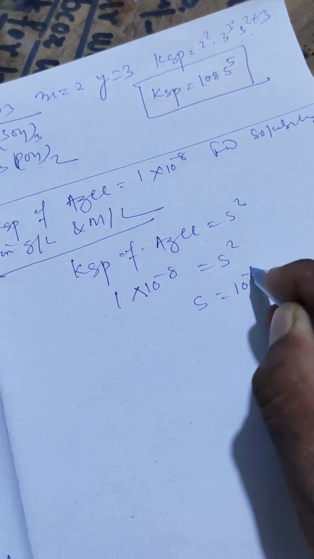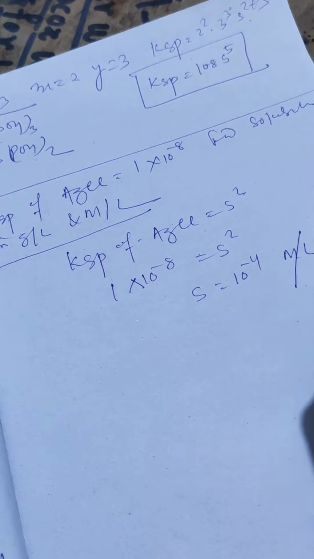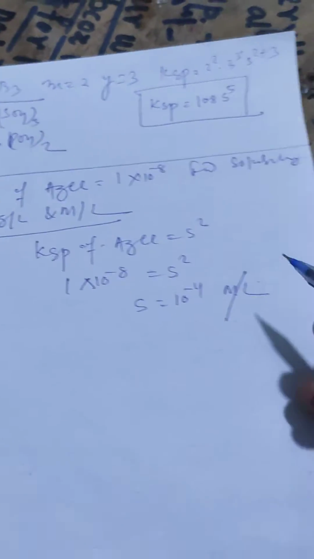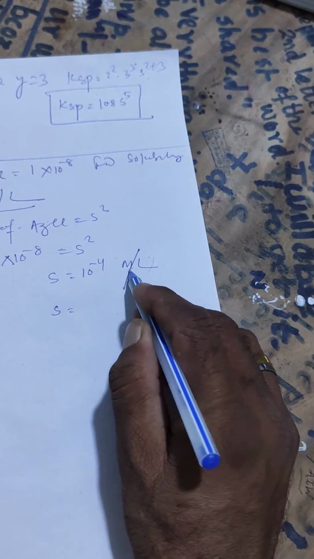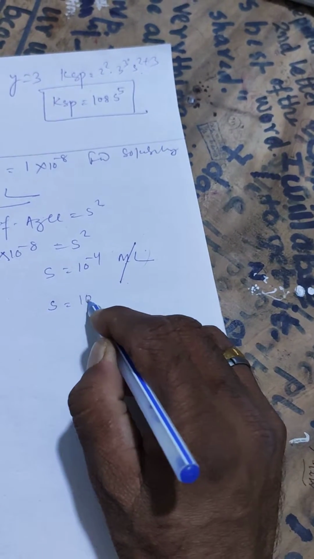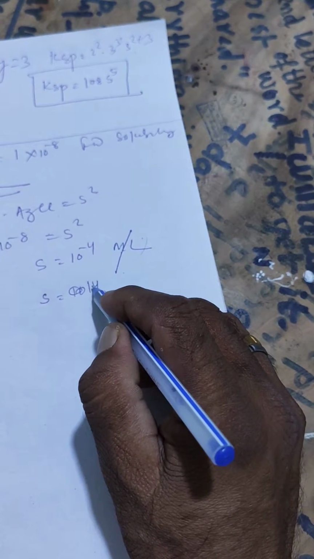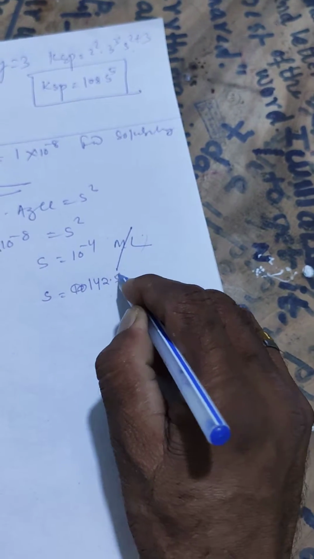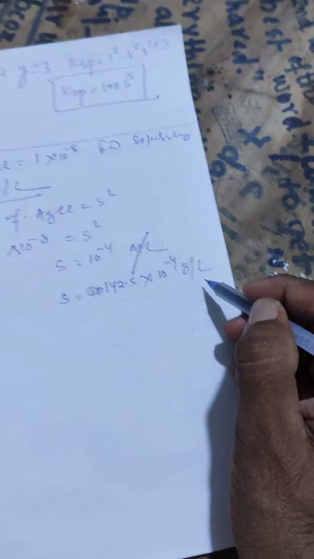S is equal to 10 to the power minus 4 moles per liter. Initially what is coming is moles per liter. If you want to convert to gram per liter, it is also possible. So the moles per liter, if you multiply by the molecular mass, that is 143.5, correct? 143.5 into 10 to the power minus 4 gram per liter. So this is the molecular mass of AgCl that we have multiplied here. 143 perhaps. Yes.